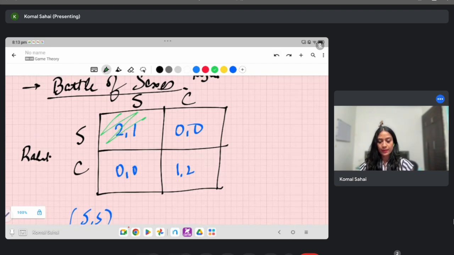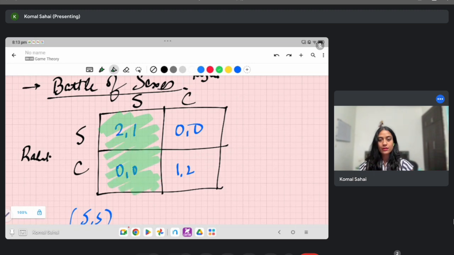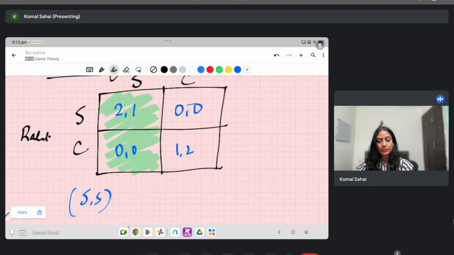If player 2 is going to go to stand up, then following the equilibrium strategy would mean that player 1 will get a payoff of 2, and not following it would mean that he'll get a payoff of 0, right? So that means player 1 will not deviate.